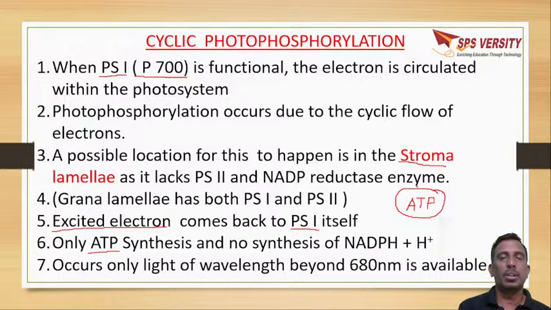Dark reaction is dependent on light reaction and products. और लाइट रिएक्शन में क्या होता, इलेक्ट्रॉन ट्रांसपोर्ट और फोटोफॉस्फोरिलेशन. इलेक्ट्रॉन ट्रांसपोर्ट में साइक्लिक रहता, नॉन साइक्लिक रहता. फोटोफॉस्फोरिलेशन में भी साइक्लिक और नॉन साइक्लिक फोटोफॉस्फोरिलेशन. Finally, what we'll get? ATP, NADPH2 and oxygen. Oxygen is the byproduct. The main product is ATP and NADPH2. So these are the differences between the light and dark reaction.